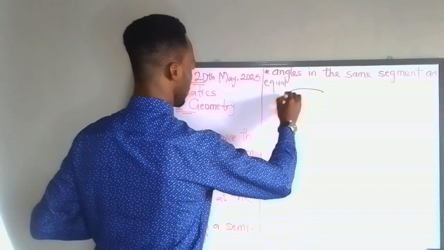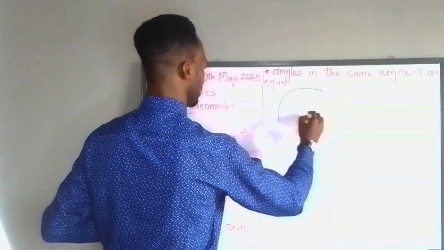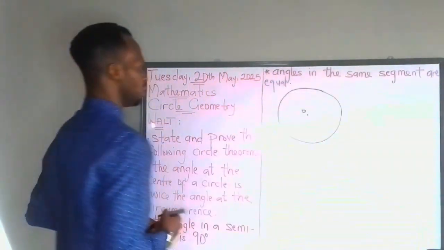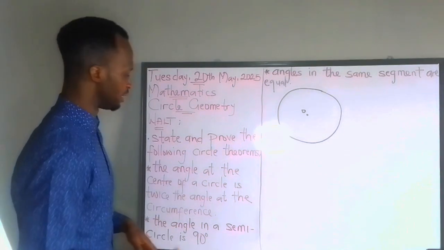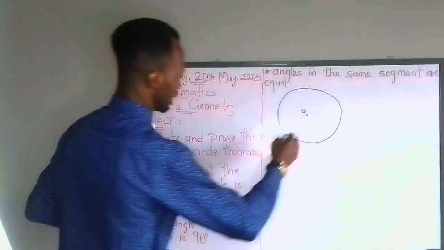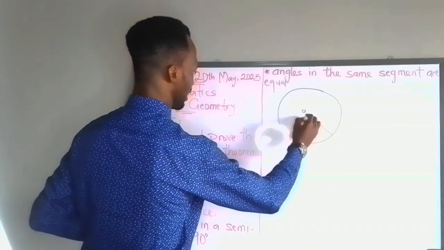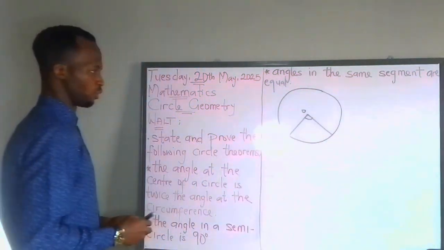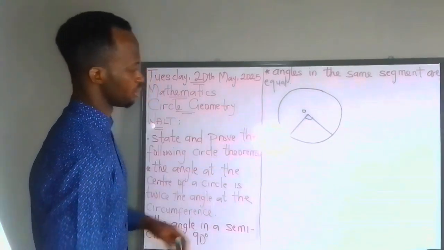So we draw a circle. Here we have a circle center O, and as we have been doing before, we have two radii, and then an arc just in the middle, an angle just in the middle.